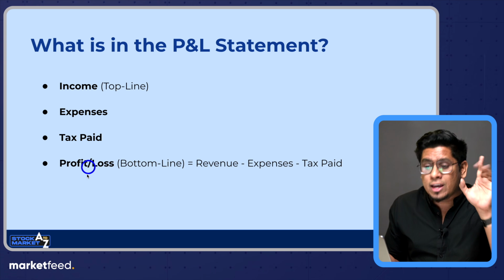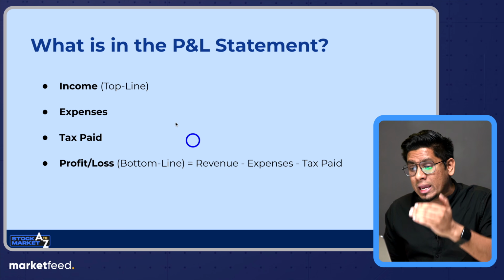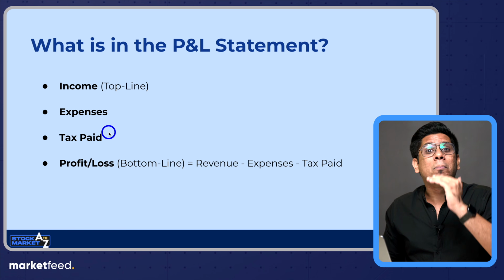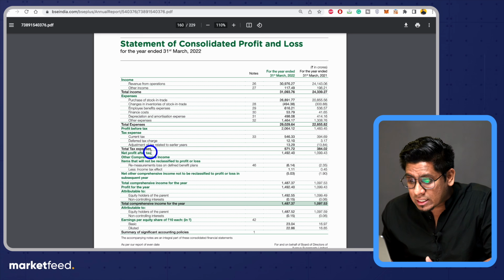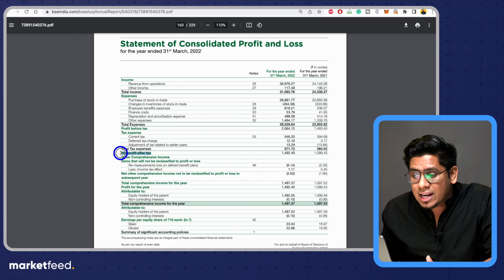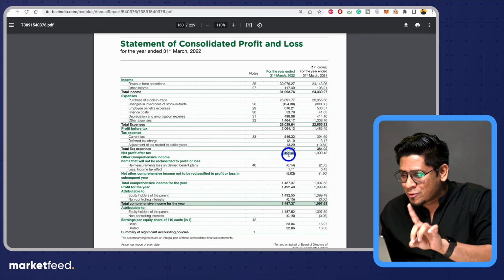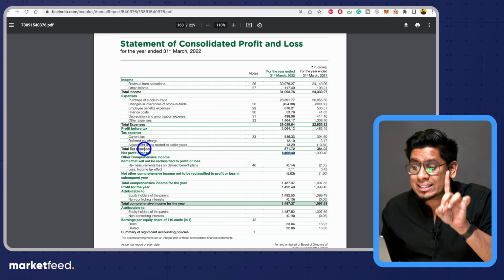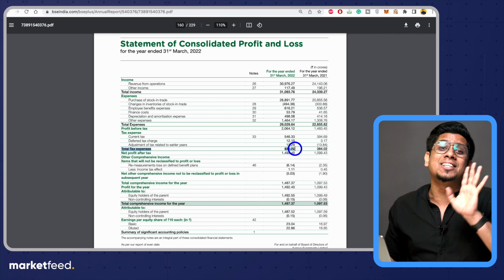See, total tax expense is 1,492 crores. And finally, what did I say would be there in a P&L statement? The profit or loss, which would be revenue minus expense minus tax paid. Let's come here. So here we go, total tax expenses. And finally, we have this, right? Net profit after tax, which is 1,492 crores. I'm sorry, earlier I said 1,492 crores was a tax expense, but again, looking clearly here, total tax expense is 571 crores.